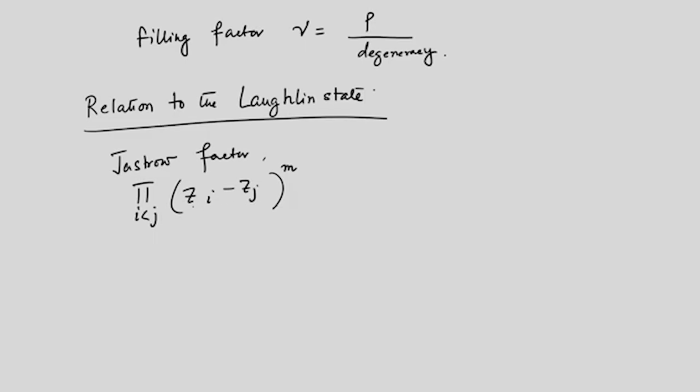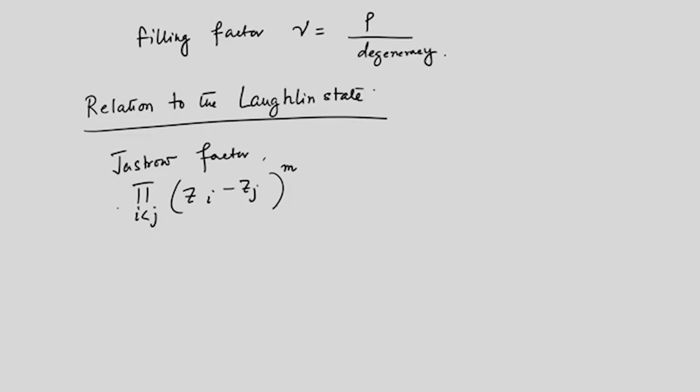You would recognize that the z's denote the coordinates of the electrons, and this enforces the antisymmetric property when m is an odd integer. It also says that if Zi becomes equal to Zj, this is not only 0, but it is 0 m times because of the product that is involved here.